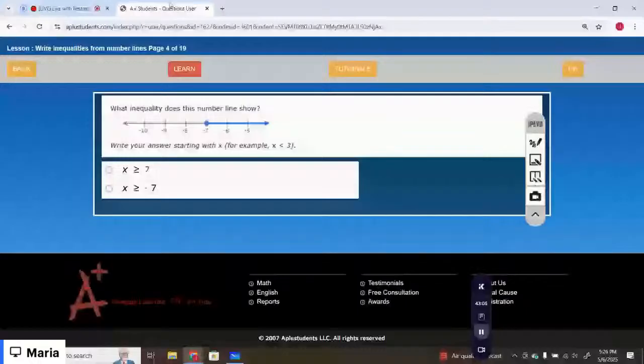Next one is the number line shown. So that is x is greater than or equal to -7. Option number two is the correct option.